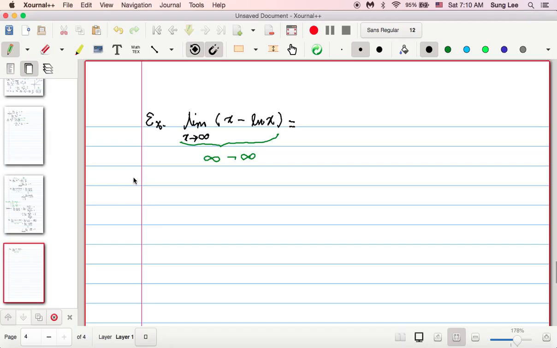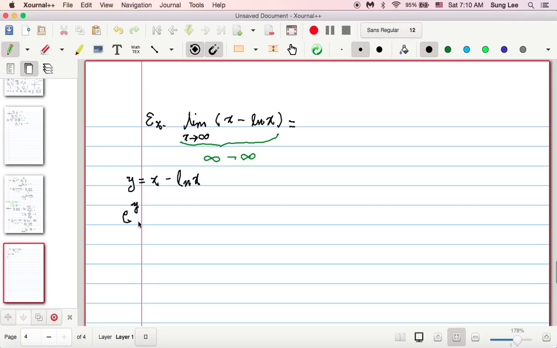So we are going to set the function equal to y. So y equals x minus ln of x, okay? And then we take the exponential.